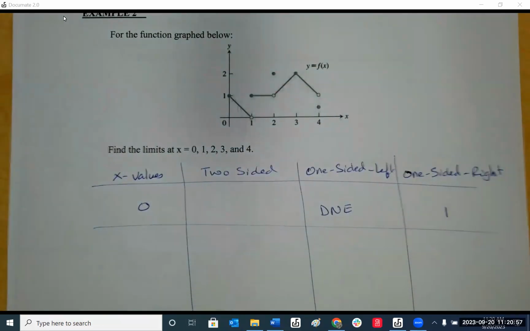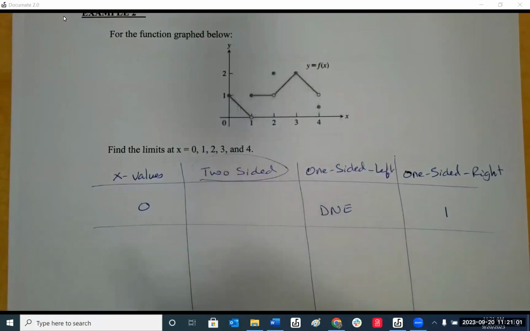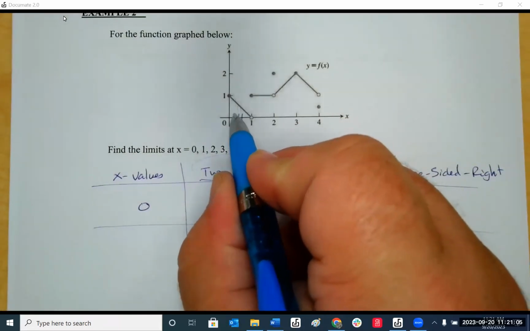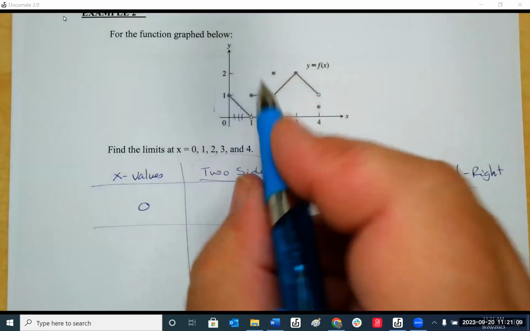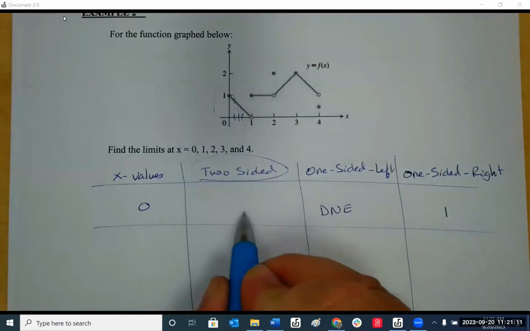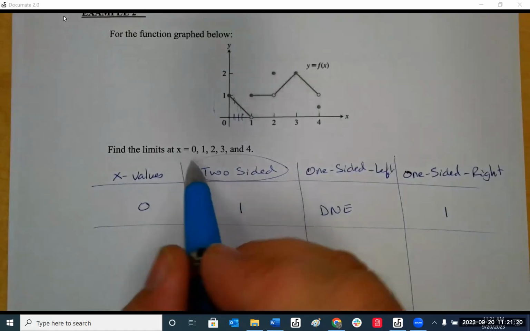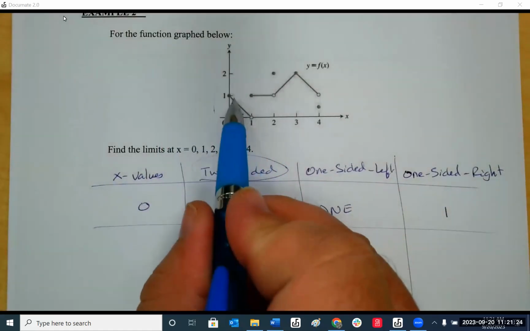It approaches 1. Let's look at this one again. Since this side doesn't exist, it's not defined, I look at this side. So this one's also 1. Two-sided means I look at both sides. Is it approaching a value? This one on the left side, I can't do it because there's no function. But the right side, I can use it.